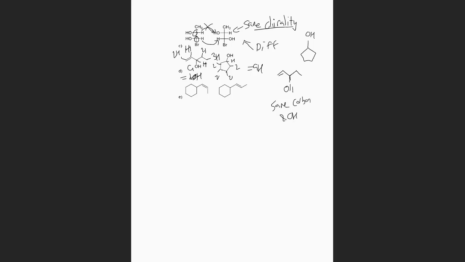So instead of counting all the hydrogens, I know that this has 1 degree of unsaturation and this also has 1 degree of unsaturation. Because they have the same degrees of unsaturation, they're going to have the same hydrogens if the carbons and everything else is exact, right?